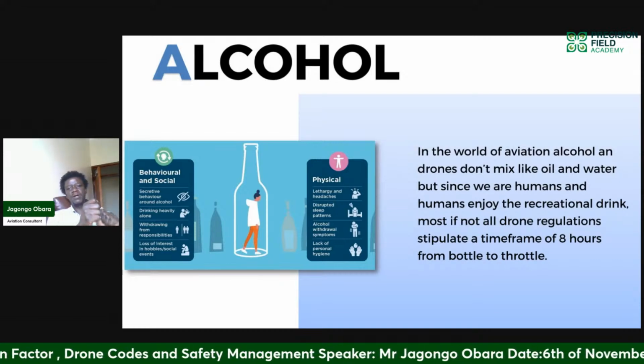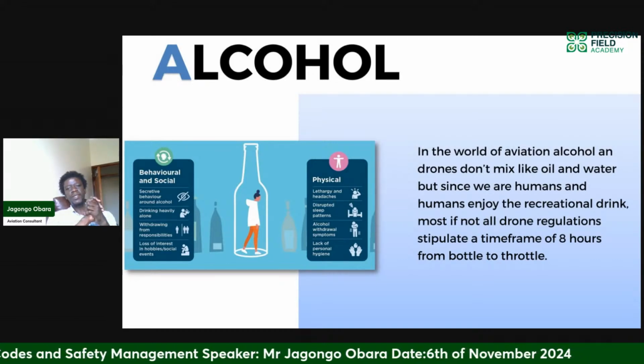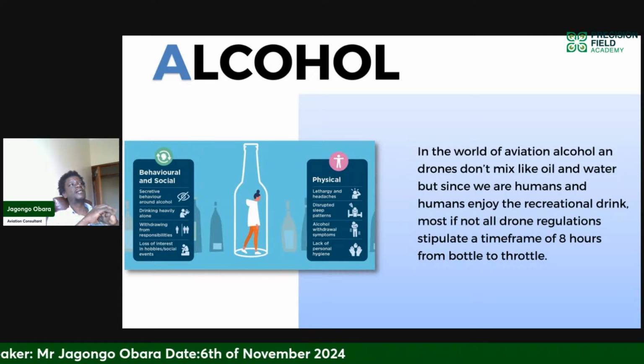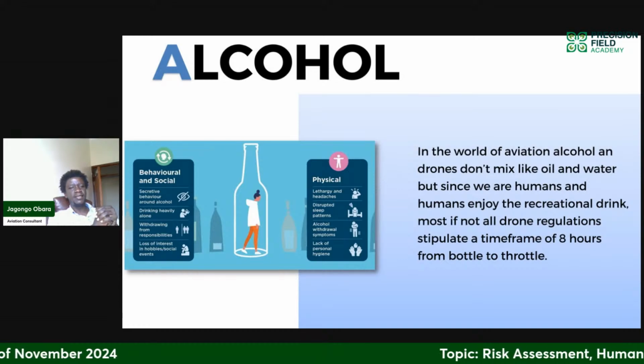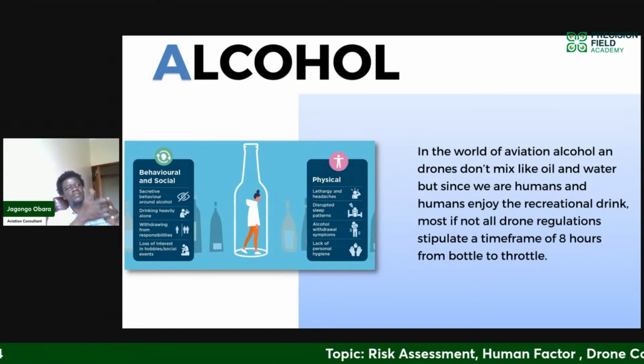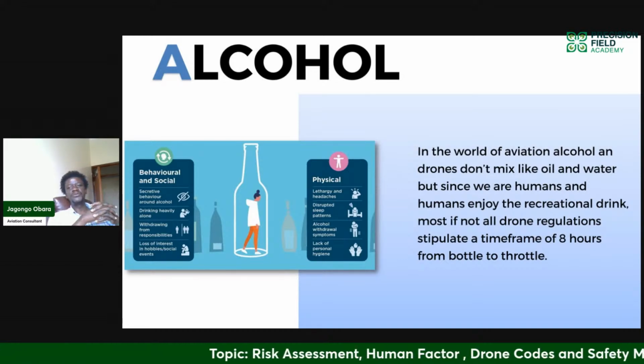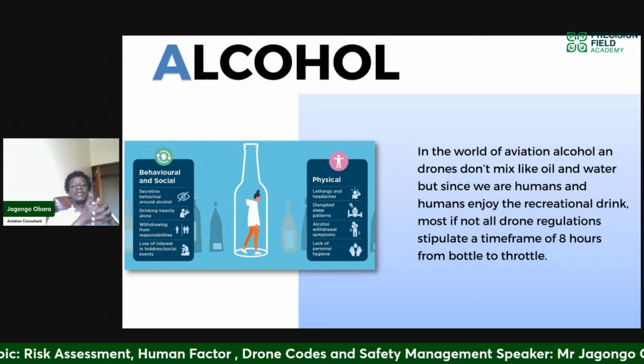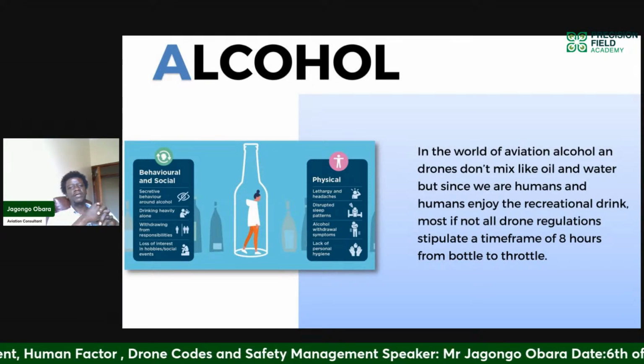And this 8-hour rule is because scientists and doctors have figured out that it will take approximately 6 to 9 hours for the toxins to eliminate your system. And so that is why they've put it at the 8-hour rule.